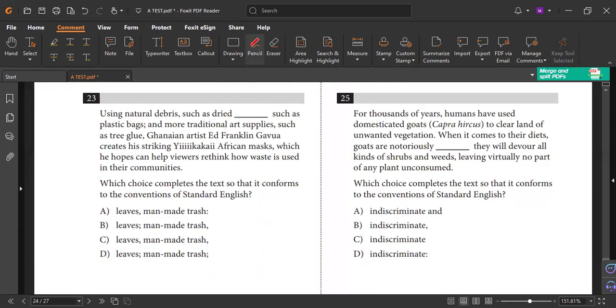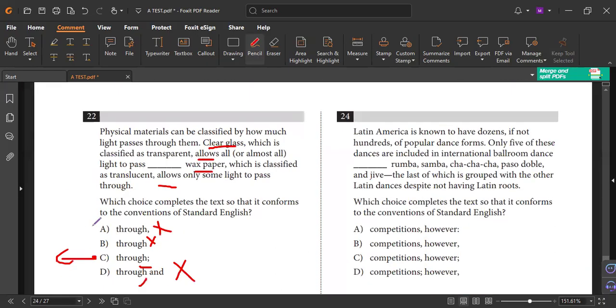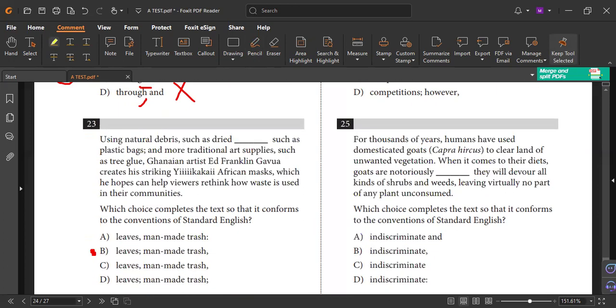23. 23, it's B. 23, it's B, correct. 24, it's A. 24, it is A, correct. 25, it's D. 25, D, correct.